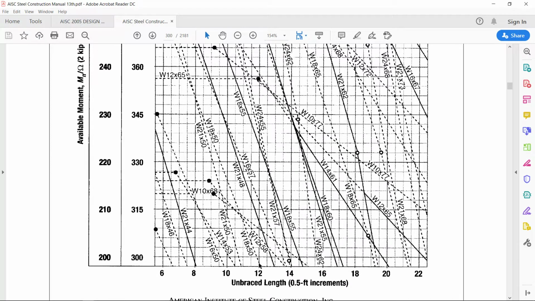So what we can do, we can extrapolate the values. What I did here, I took the values for span 8 feet and span 10 feet and extrapolated.